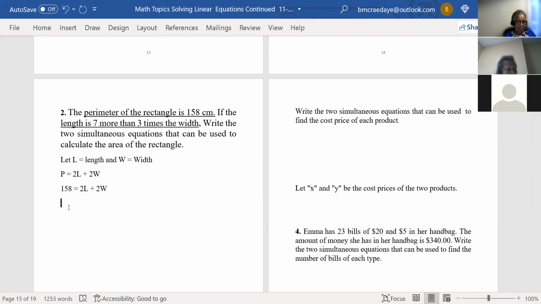More than is add, 3 times is multiplication. So Vanessa, how do I write length is 7 more than 3 times the width? That's your second simultaneous equation.